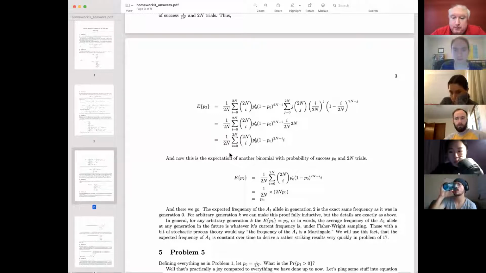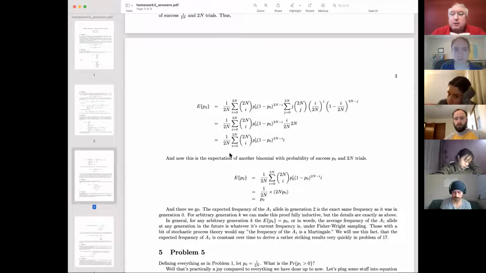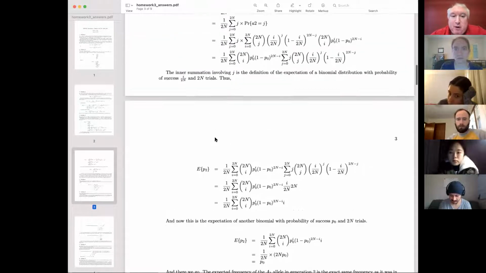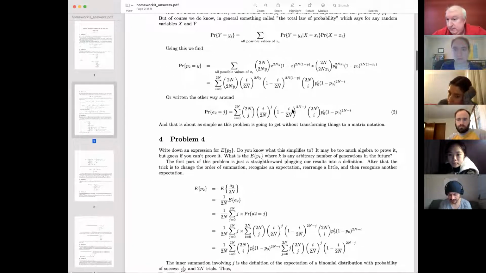Genetic drift does not change the expected allele frequency. It creates a wide distribution of possible allele frequencies. And we can write down expressions for the mean and variance of that distribution. We see the distribution itself can get intensely ugly.